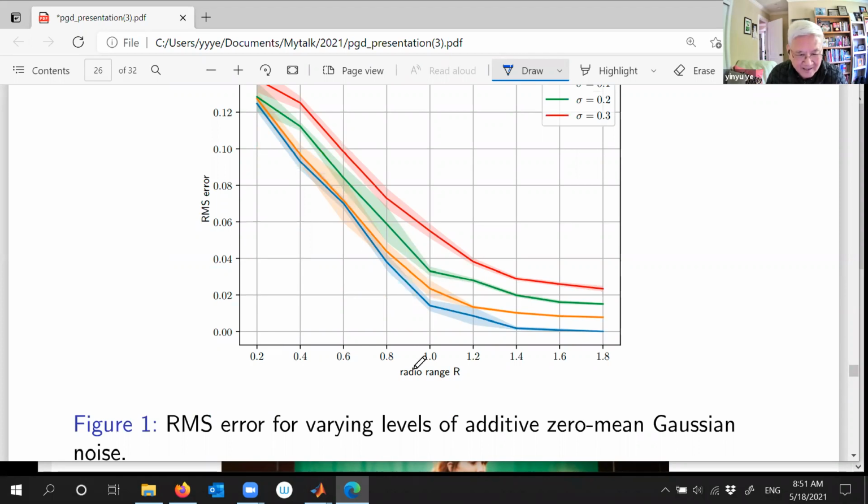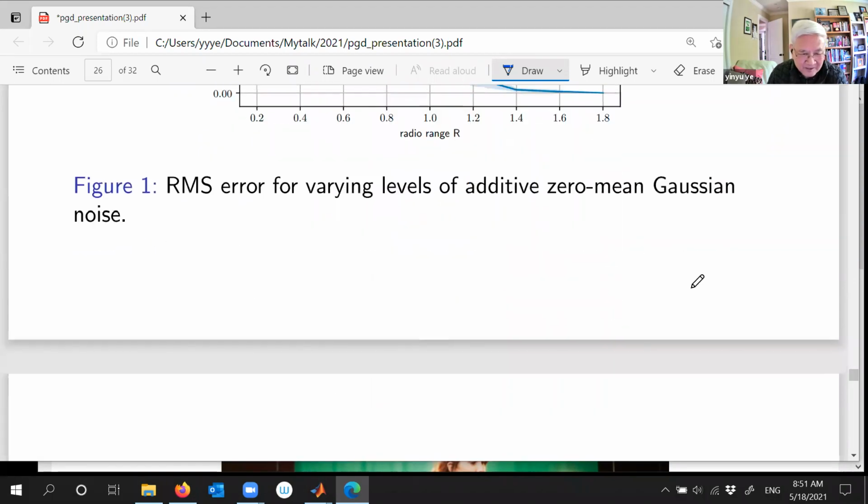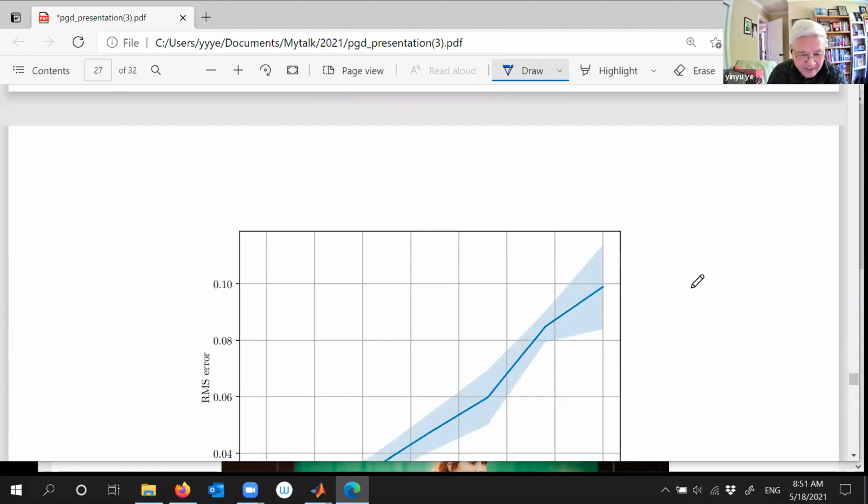As the range gets bigger, I have more information, more edges in the graph, and we can find the optimal solutions. If we keep the noise level the same and more distance information is known, then the error becomes smaller. This is not surprising.